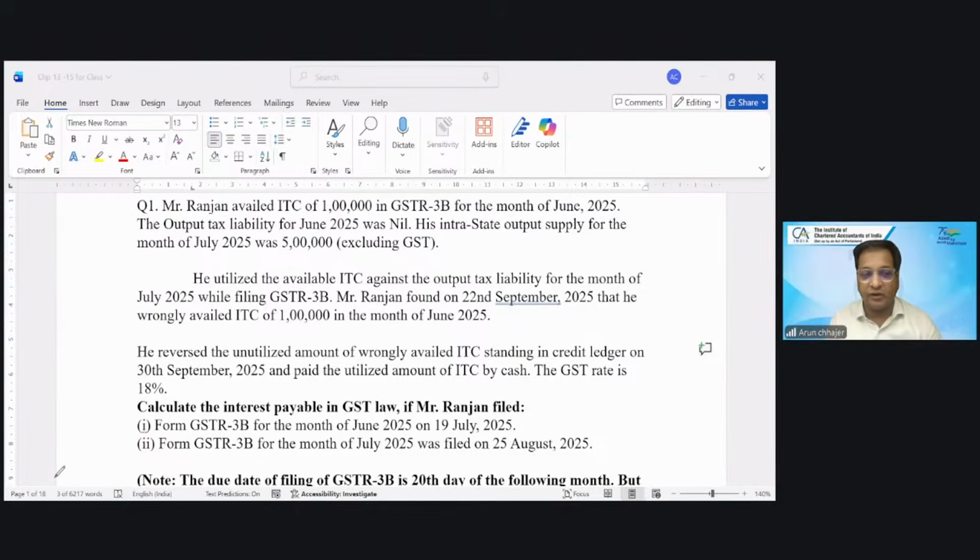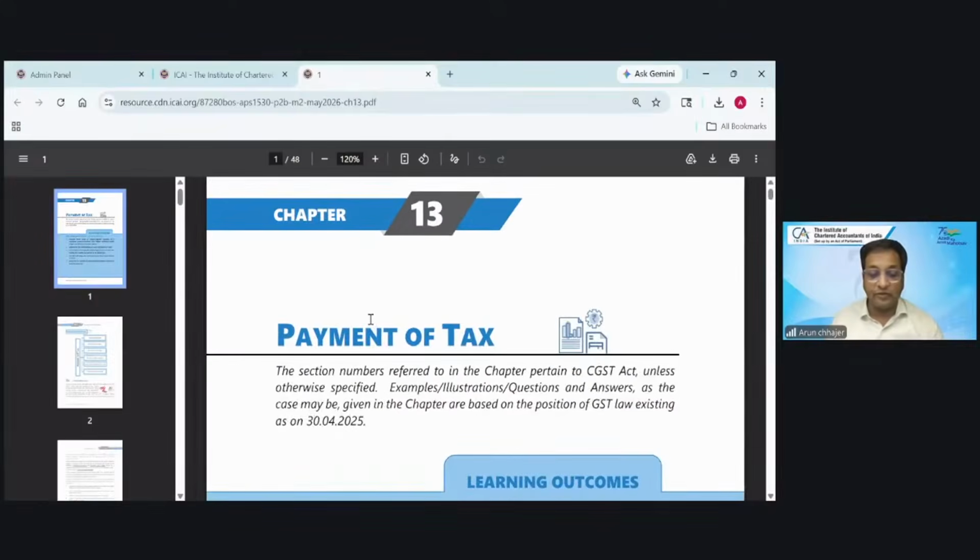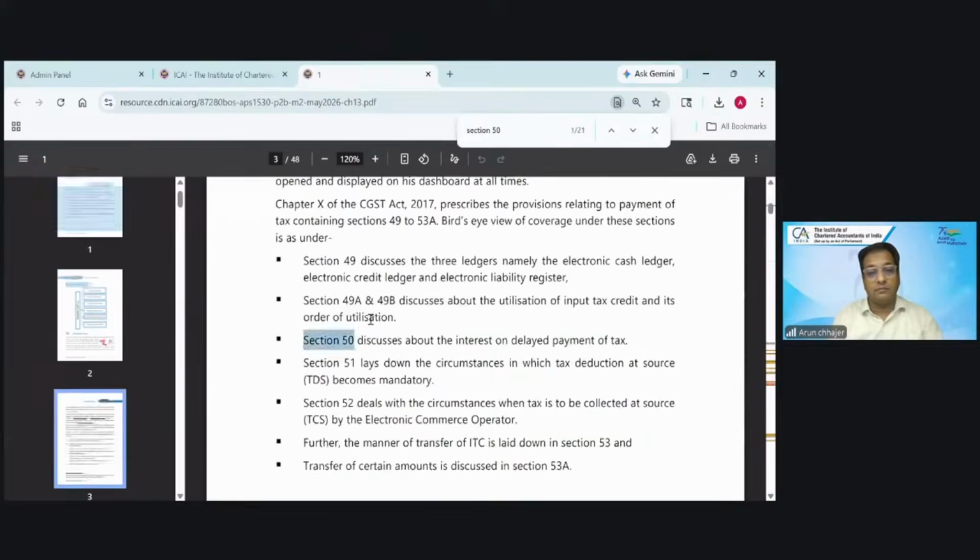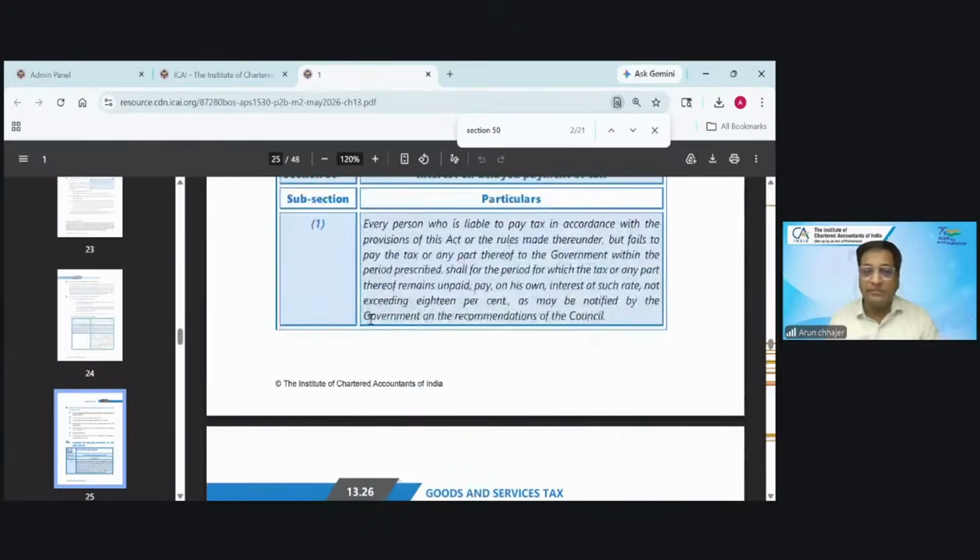Let me open the study material also for the time being. If I go to the respective provision, what is the respective provision?